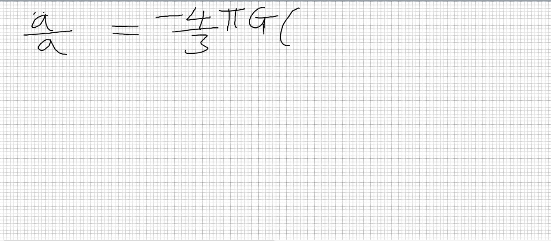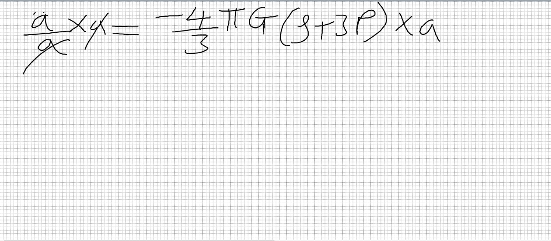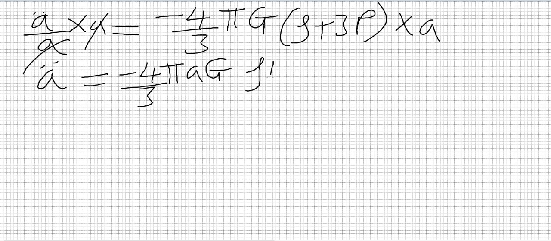We have a double dot on a is equal to negative 4 on 3 pi G into rho plus 3p, and multiplying both sides by a, this a cancels with this a, and we have a double dot is equal to negative 4 on 3 pi a G into rho plus 3p.